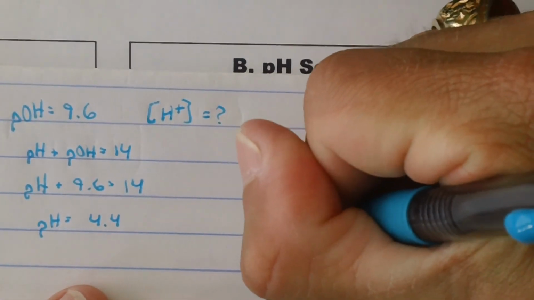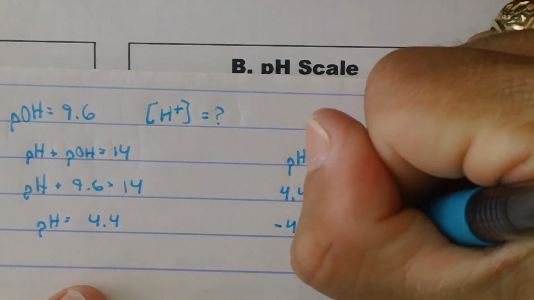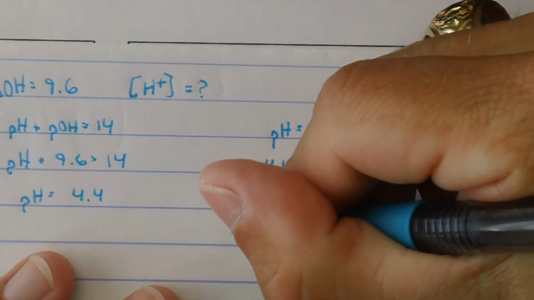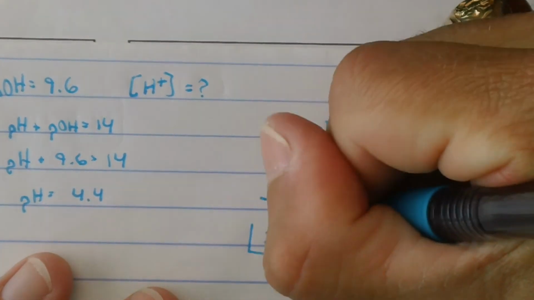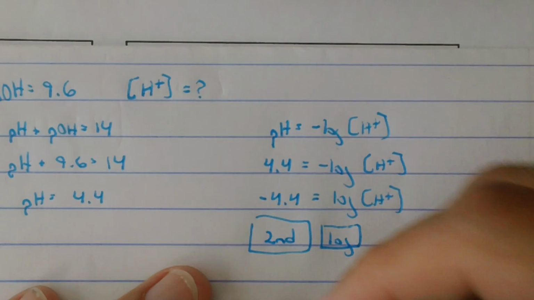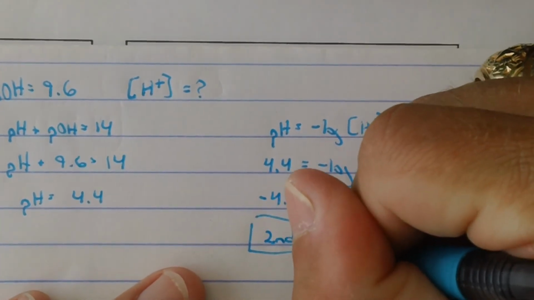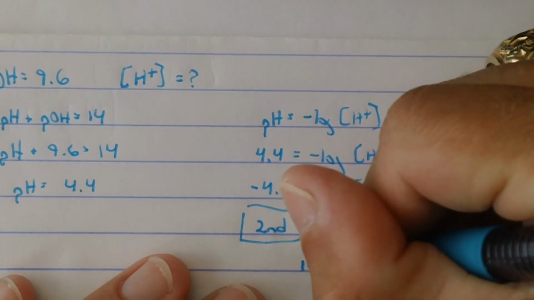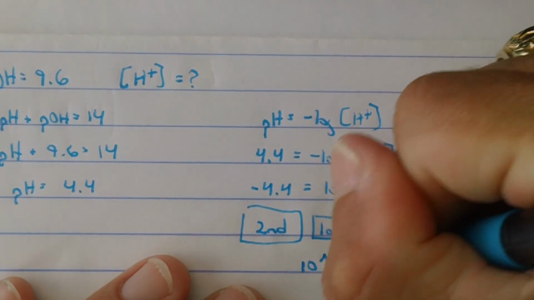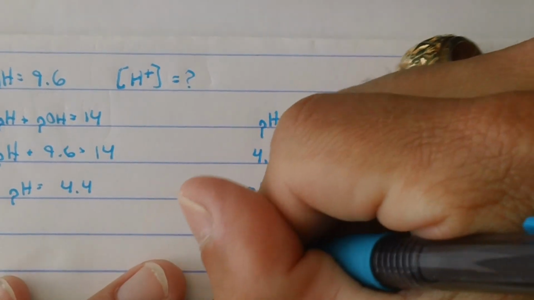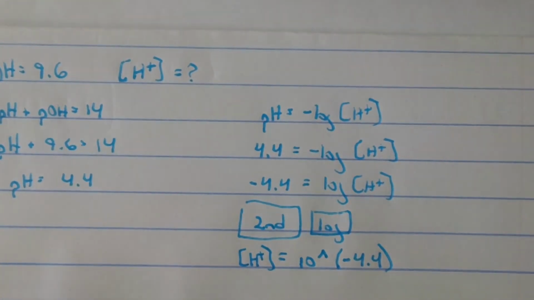This is negative 4.4 equals log of H plus. In order to do this on your calculator, you have to do second button, then the log button. And when you do that, it's going to open up 10 raised to, there's the logarithmic 10 factor, raised to the negative 4.4. And that will give you the H plus concentration, what you're after.